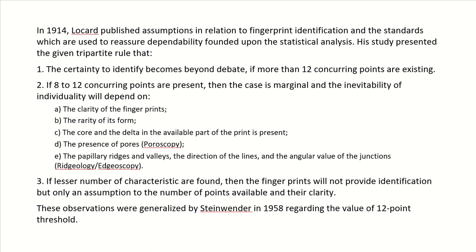Third, if fewer than 8 concurring points are there, the fingerprint will not be considered the same, or we can say no opinion can be given. These observations were generalized by Steinwinder in 1958, that the value of 12 points is necessary for a particular fingerprint identification.